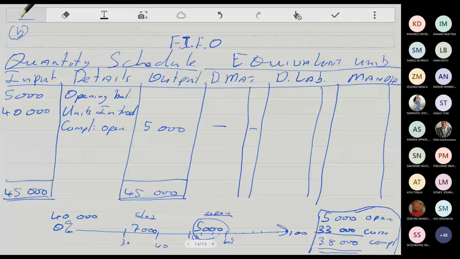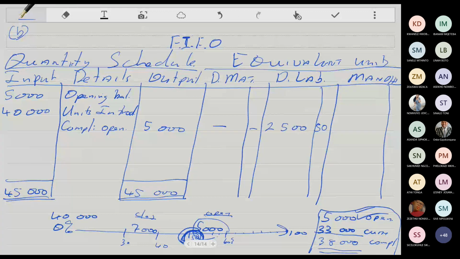How about the labor? The labor only completed 50%. That is why we have a closing of 5,000. So if you are saying the 5,000 is completed, you are saying our labor has completed their remaining 50%, which is going to be represented by 2,500 units.